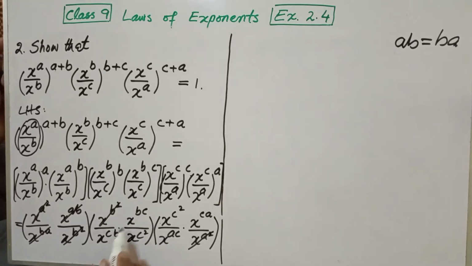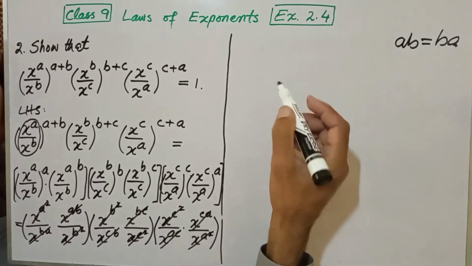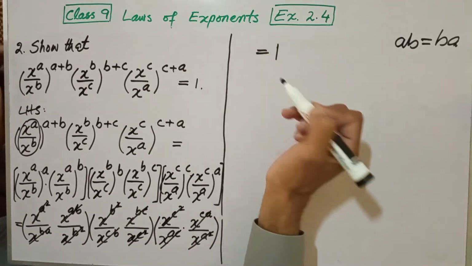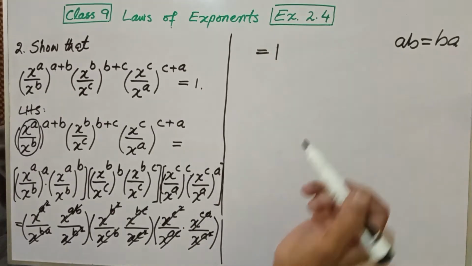Similarly cb is equal to bc, so x power bc is cancelled with x power bc. X power c square is cancelled with x power c square, and x power ac is cancelled with x power ac. So each term is cancelled and we have one, which is the required result.